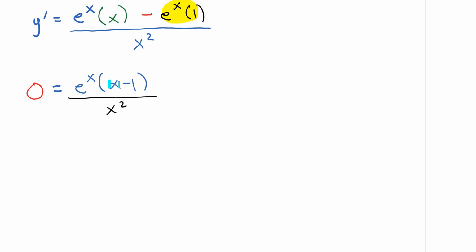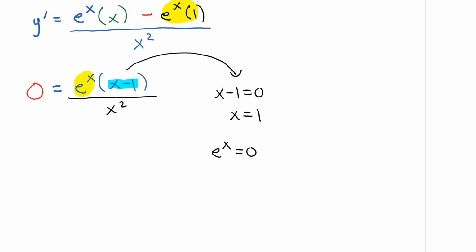Okay, so if I take this expression right here, x minus 1, I can set that equal to 0. If I do that, x would equal 1. That's one of the critical numbers. If I take e to the x and set that equal to 0, an exponential function never touches the x-axis. So what that means is this result never gives you a 0 result, so I can just ignore that.